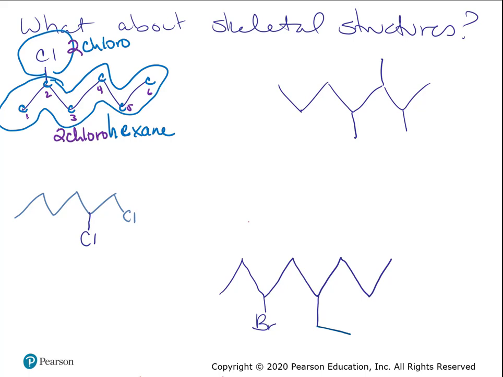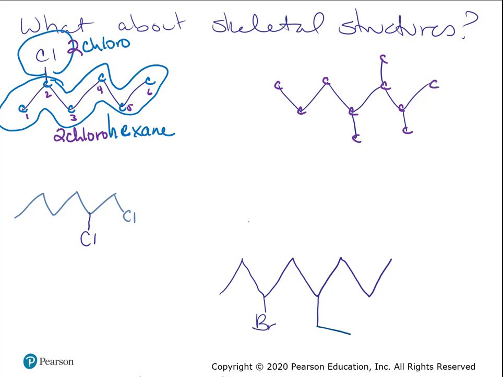So how many carbons total do you have? 1, 2, 3, 4, 5, 6, 7, 8 total. So if you put a C on all of those, what's the total? 10. Does everybody see 10? So that is 1, 2, 3, 4, 5, 6, 7, 8, 9, 10.